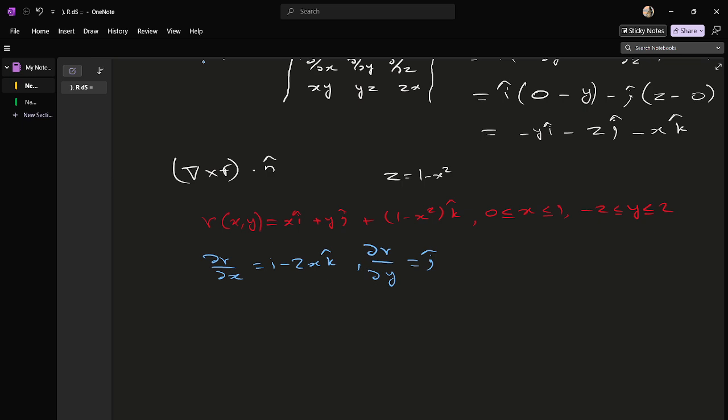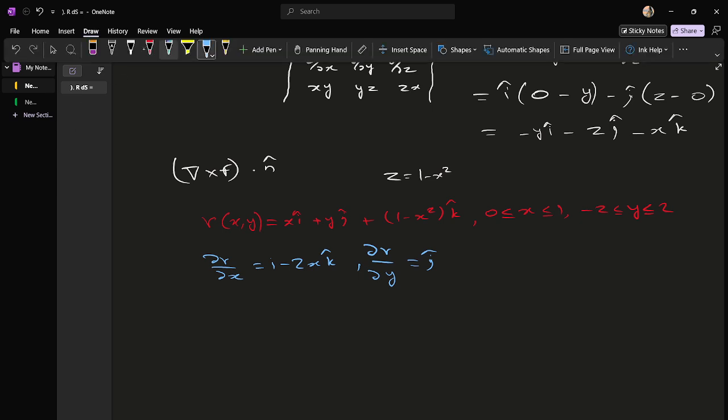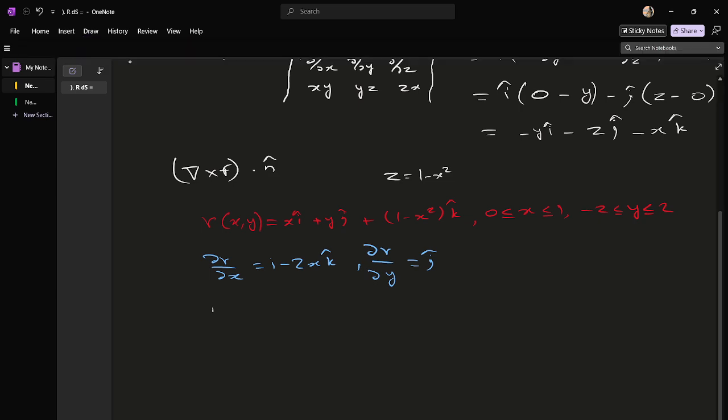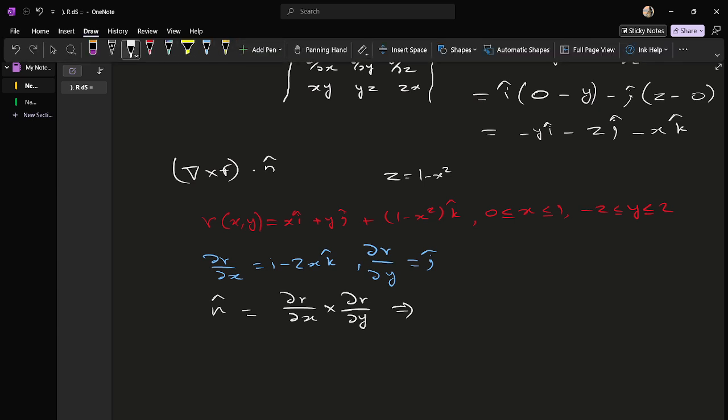So now we have to find the normal vector. n is given by the cross product of both of them, so n cap is equal to del r by del x cross del r by del y. Then again we have the cross product.